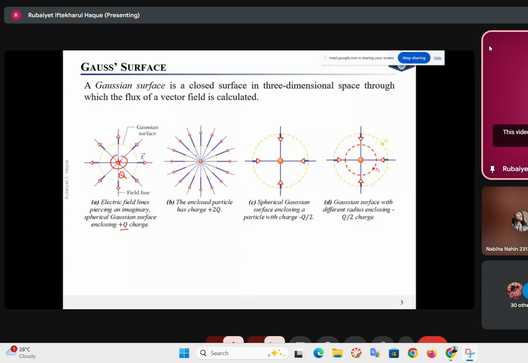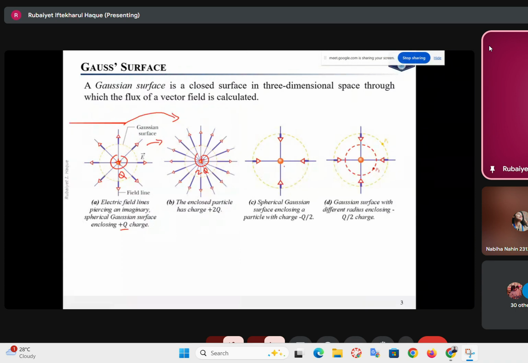If you have 2 times the positive charge, 2Q, then double the amount of electric field lines comes out through the Gauss surface. By comparing these two pictures, you already know that inside the second Gauss surface the electric charge is larger compared to the first one, because more electric field lines are coming out of that Gauss surface.